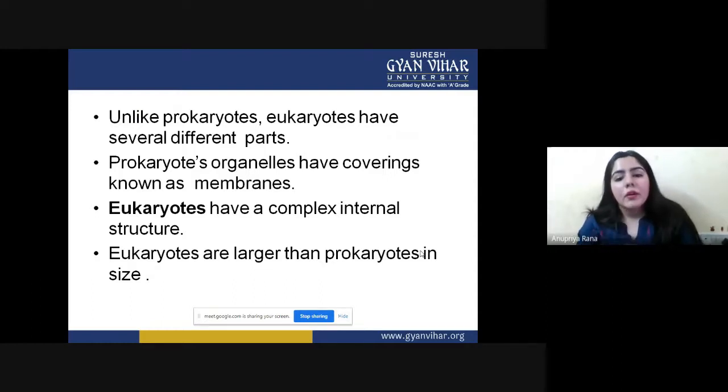But the eukaryote cell has a complex defensive internal structure which is very efficient to perform any kind of function inside the cell.